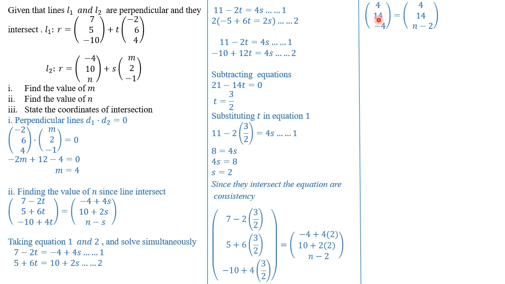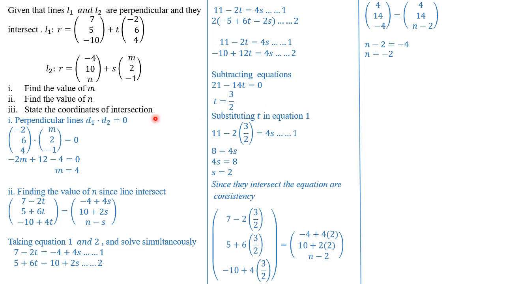Then 14 is also equal to 14, so the y component is also consistent. Since they're intersecting, minus 4 will also be consistent with the other part of z here. So minus 4 is equal to n minus 2, so n minus 2 is equal to minus 4, and you can solve for n. So n is equal to minus 2. That's the value of n.